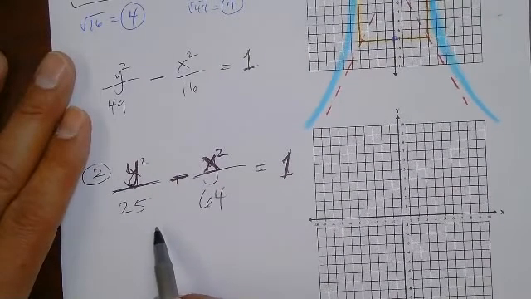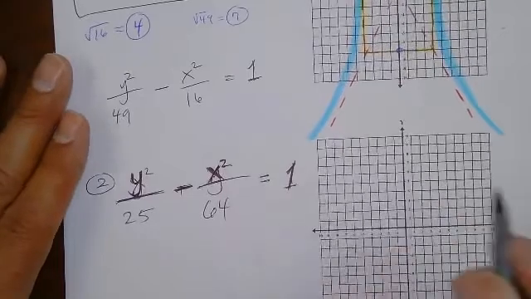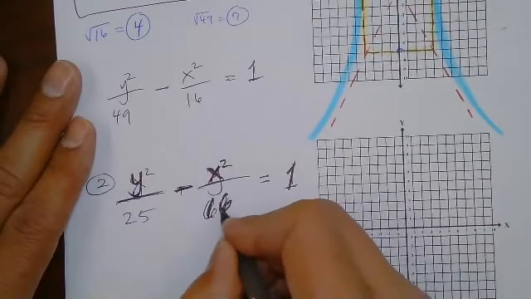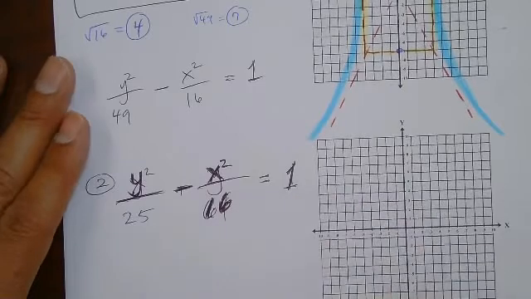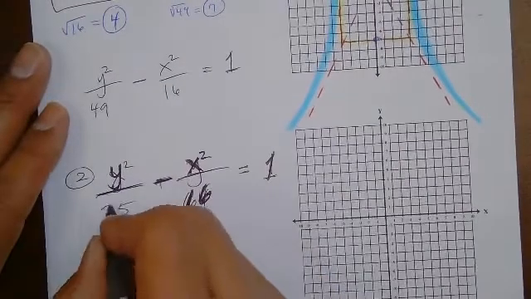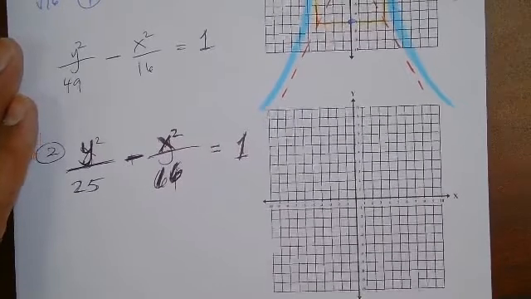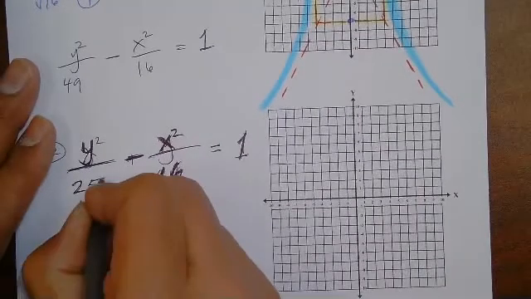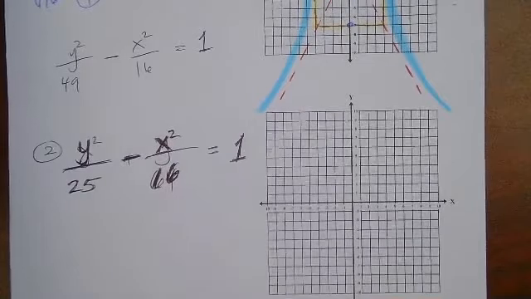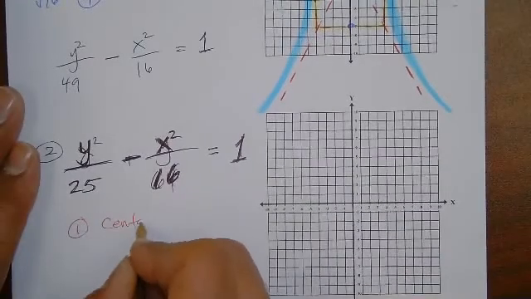Oh my God, I made a mess. Y squared over 25. And you know what? Change the x squared to... I just made a mess, didn't I? Change it to 16. What a mess.